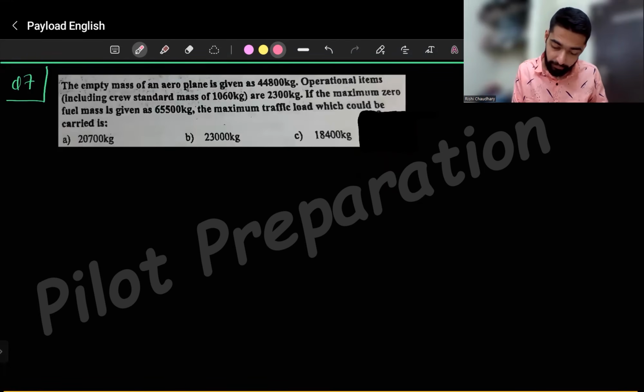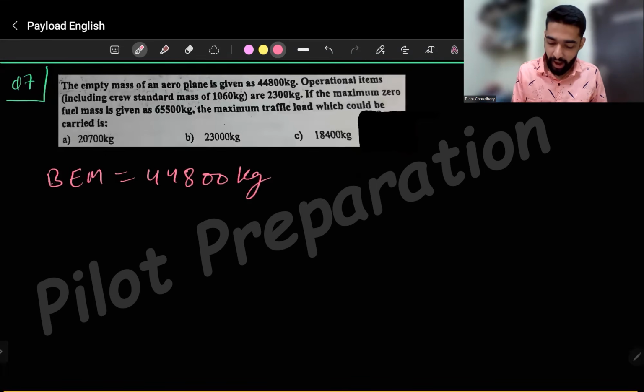So the empty mass of the airplane is given. So basic empty mass is given as 44,800 kg. If I add variable load to that, variable load is the crew standard mass and operational items, and the crew standard mass is given. So I can say variable load is how much? That is given, which is including crew, right? So this is my variable load. So this is 23,000 kg.